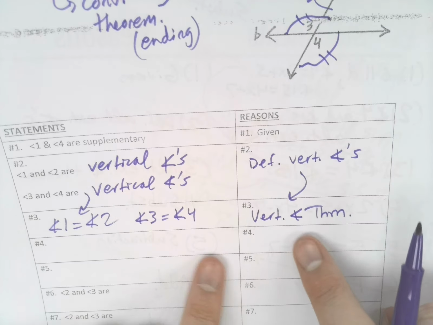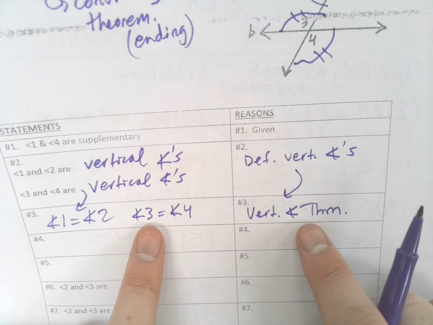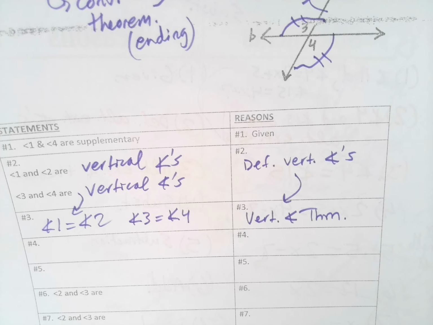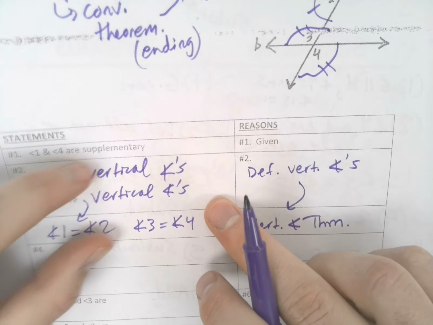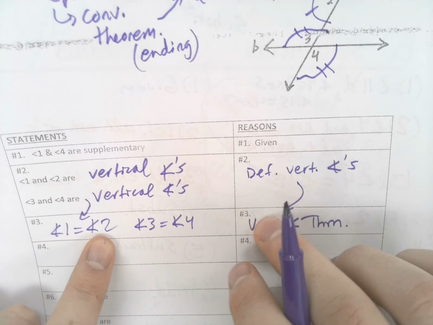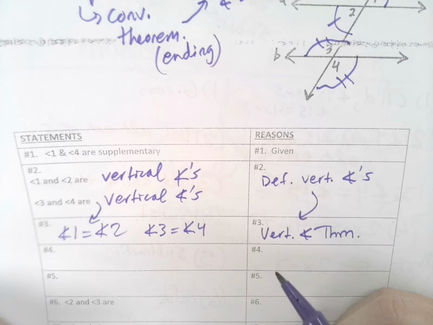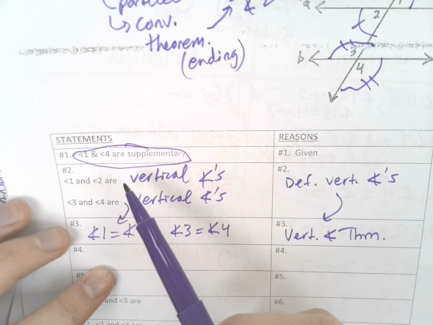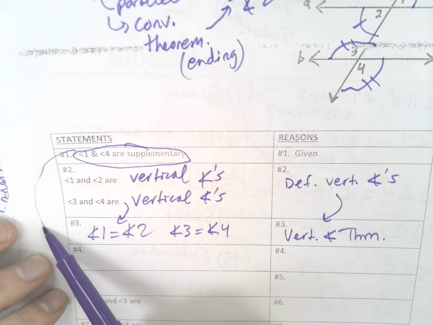I'm getting pretty good at writing these pretty quick. It's actually not looking half messy either. That's not too bad. So guys, we've run our course. We've talked about these being vertical angles. We've talked about them being equal. We're going to have to go back to what they gave us now. What did they give us originally? Well, we know 1 and 4 are supplementary.